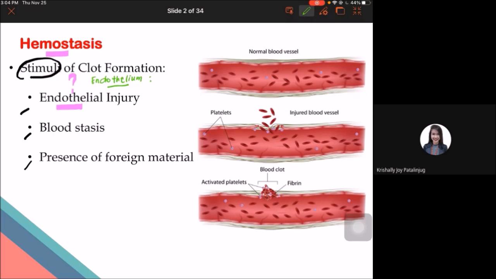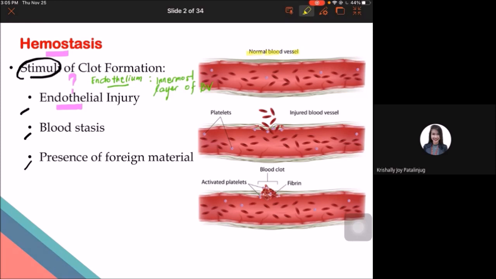In fact, this is considered the innermost layer of blood vessel. Take note, the innermost layer of blood vessel. For example, in the figure shown on the right, we have here the normal blood vessel.